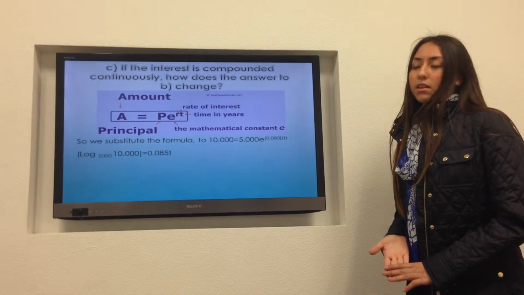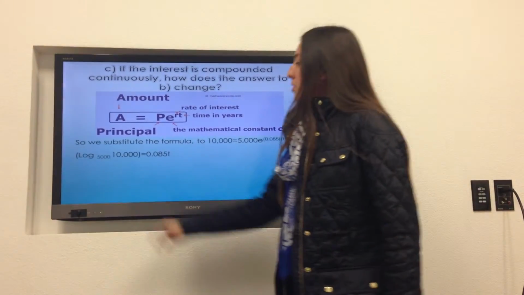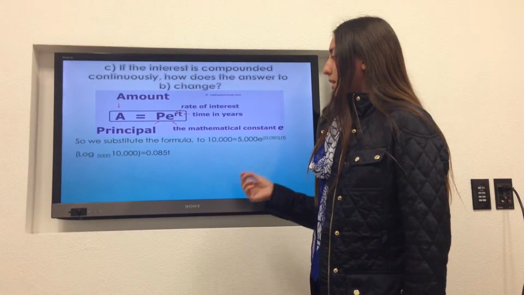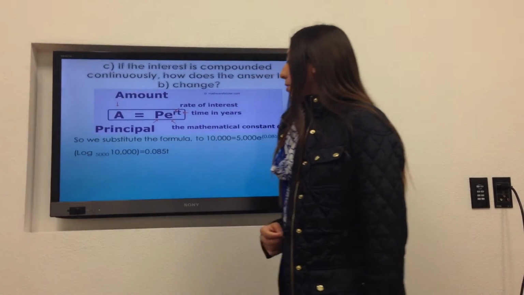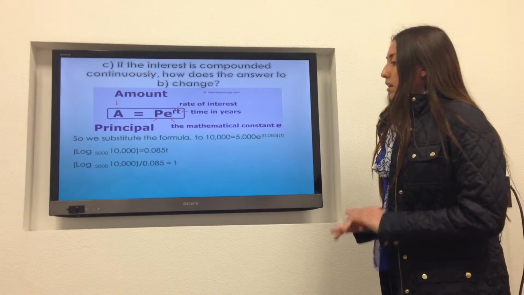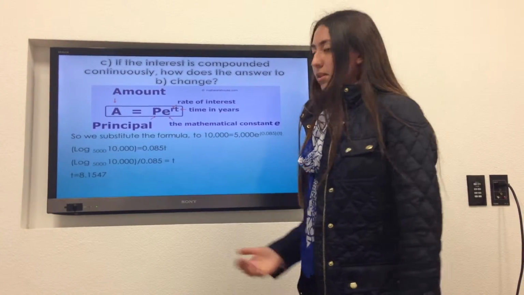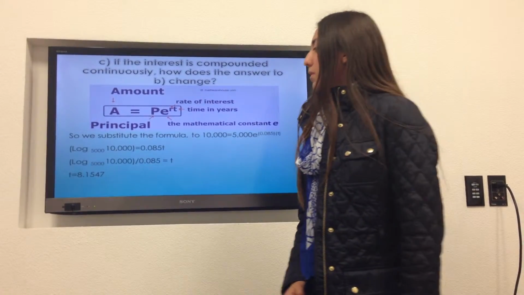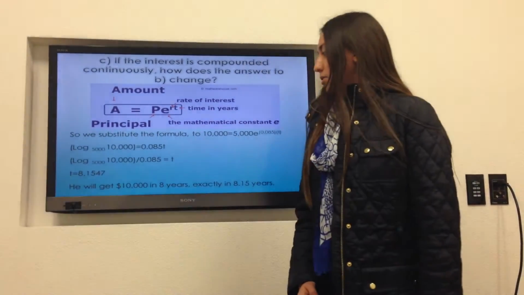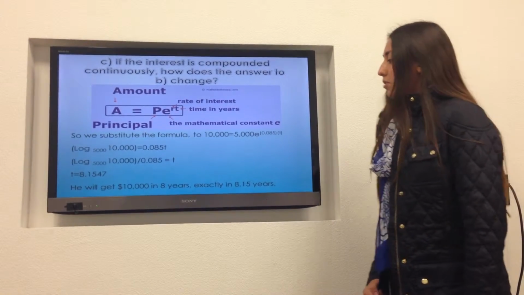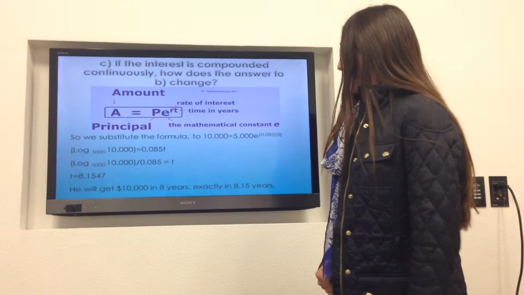To do this, we need to take a logarithm, which is the logarithm of 10,000 over 5,000 equals 0.085t. We pass 0.085 dividing to isolate t. We did it with a calculator and the answer was 8.1547. So he will get $10,000 in 8 years, exactly in 8.15 years.